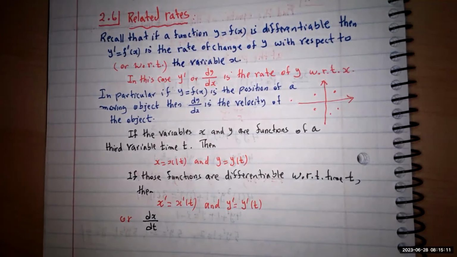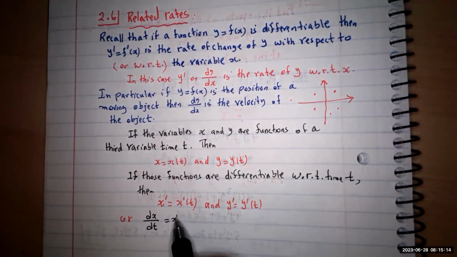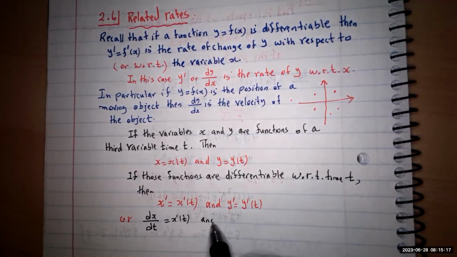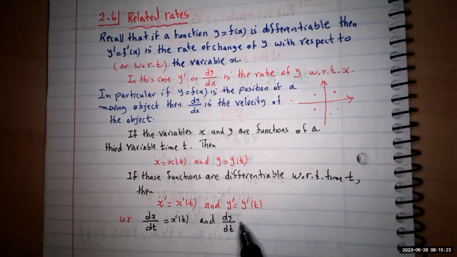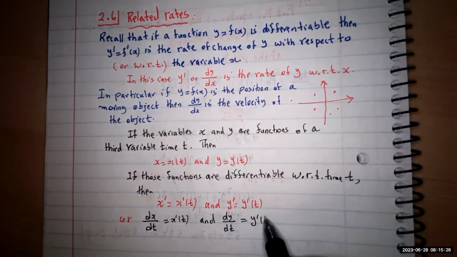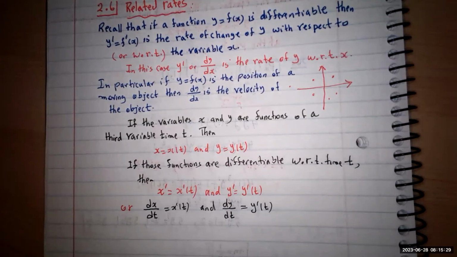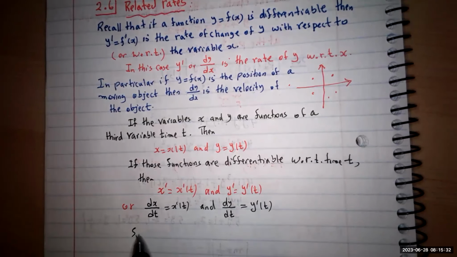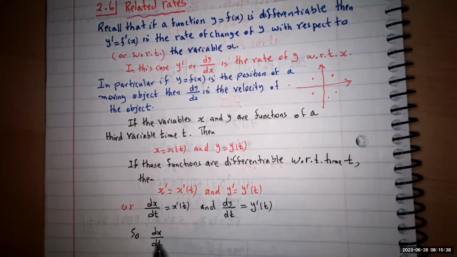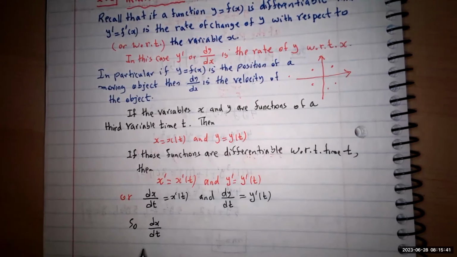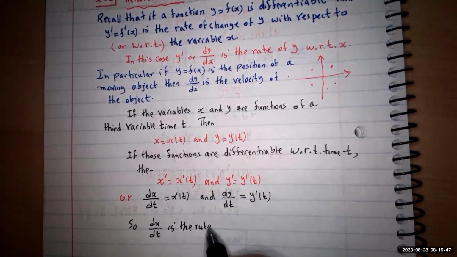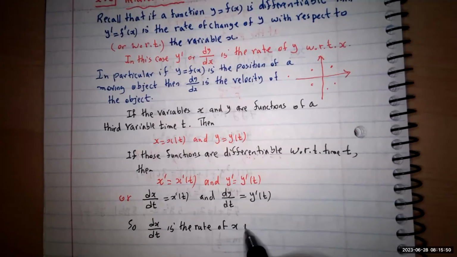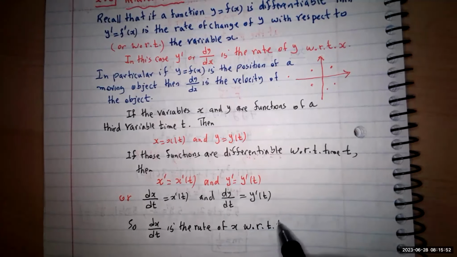the rate of x with respect to t, which is x prime of t. And the other one is the rate of y with respect to t, like the velocity, which is equal to y prime of t. So in this new form, dx dt is the velocity in the direction of x, if you like, or the rate of x with respect to time t.